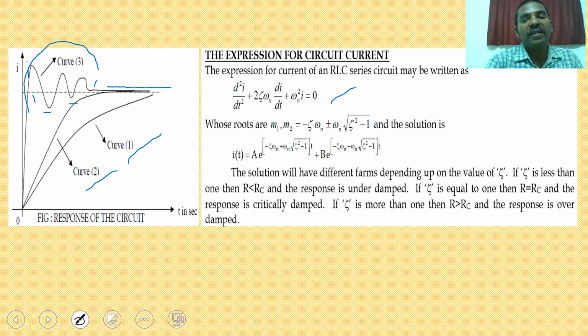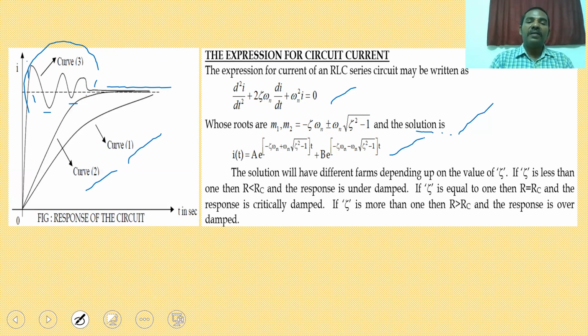So finally the roots can be represented as m1, m2 equals minus zeta omega n plus or minus omega n root of zeta square minus 1. So the I of t value can be represented as A e power minus zeta omega n plus omega n root of zeta square minus 1 into t, plus B into e power minus zeta omega n minus omega n root of zeta square minus 1 into t.